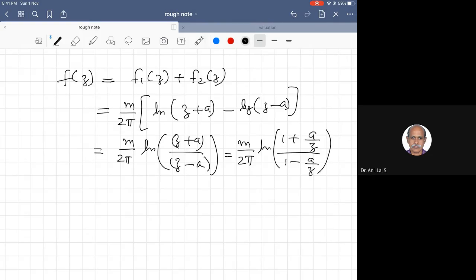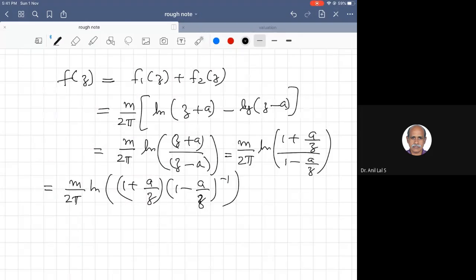Now we have a simplification for this. This is equal to m by 2 pi logarithm of 1 plus a by z into 1 minus a by z raised to minus 1.